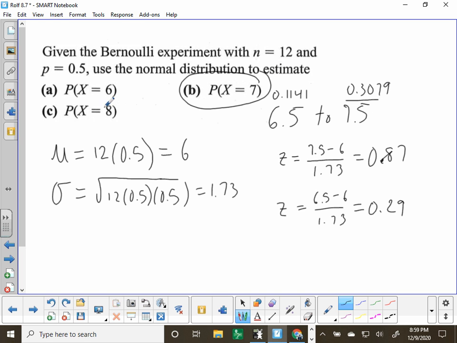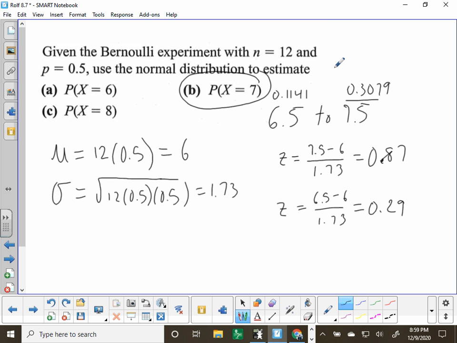So the middle is the expected value 6, so 7.5 would take me to that. From the center up it'd be 30%, and from the center up to the other it would be 11%. So I have to subtract these two to find the area between those.